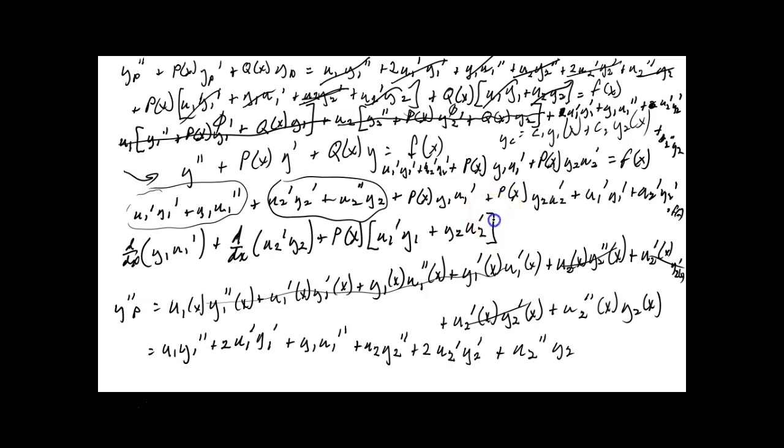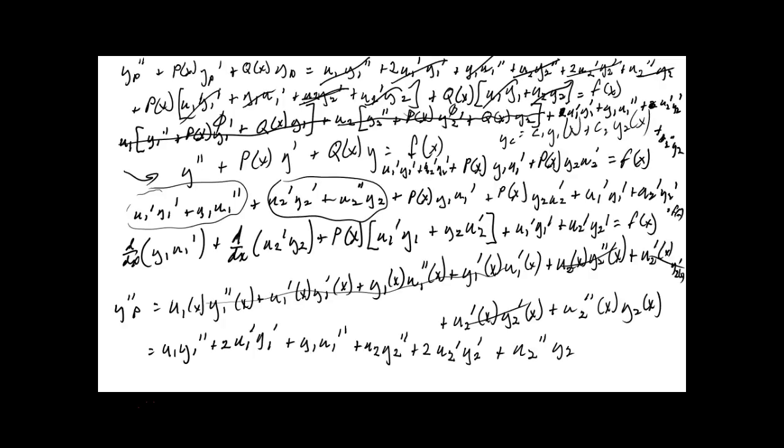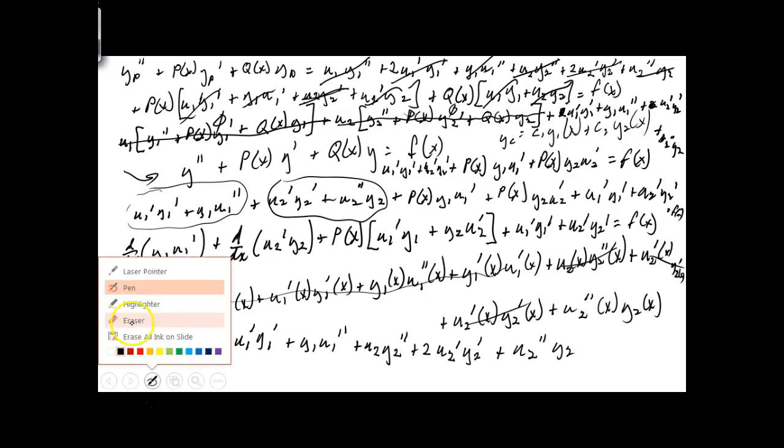Plus u1 prime y1 prime plus u2 prime y2 prime, and that's supposed to equal f of x. Boy, this is tedious. Okay, I'm going to have to do some more erasings. Hopefully we won't need this again.